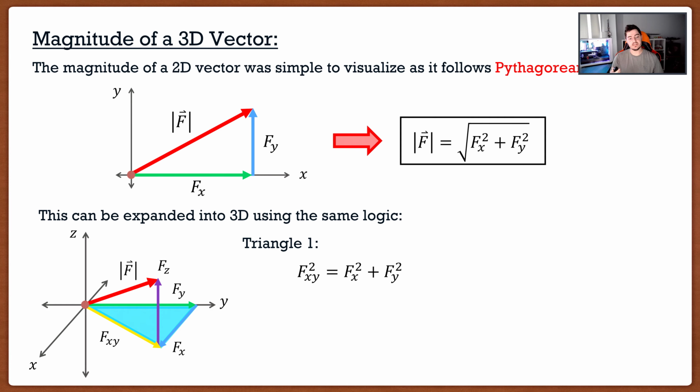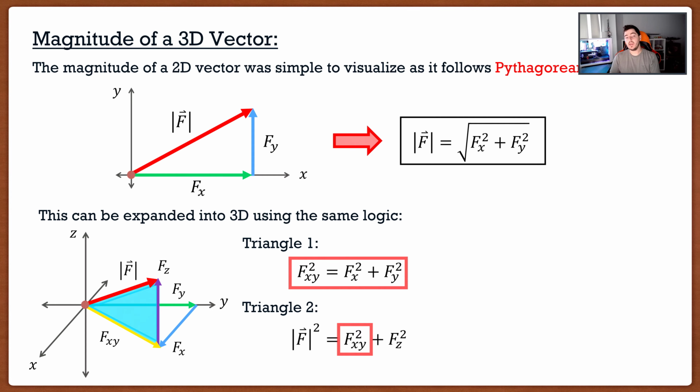But what else is nice is we can form a second triangle, this one going from the xy plane vertically. And again, this is also going to be a right triangle, and we can say that for this one, the magnitude of the force squared is going to be equal to fxy squared plus fz squared. Now, it looks pretty complex, but remember that fxy, we actually have a formula for it, it's above.